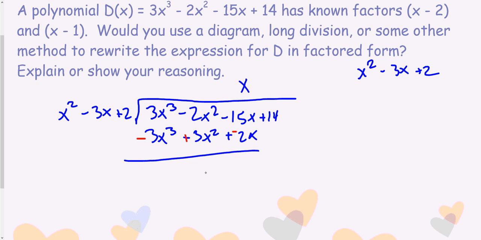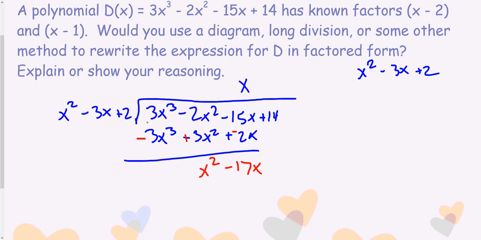Cancels. A single x squared. And here I get negative 15 plus negative 2 is negative 17x. Wait, something didn't work here.